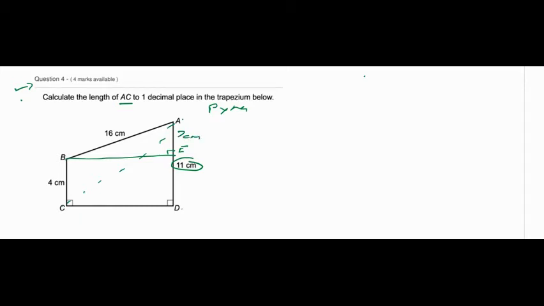So what we can say is that the length BE squared is equal to AB squared minus AE squared. We put in the numbers. AB squared, so that's 16 squared, minus AE, which is 7 squared. 16 squared minus 7 squared, just pop that into the calculator, it's 207.